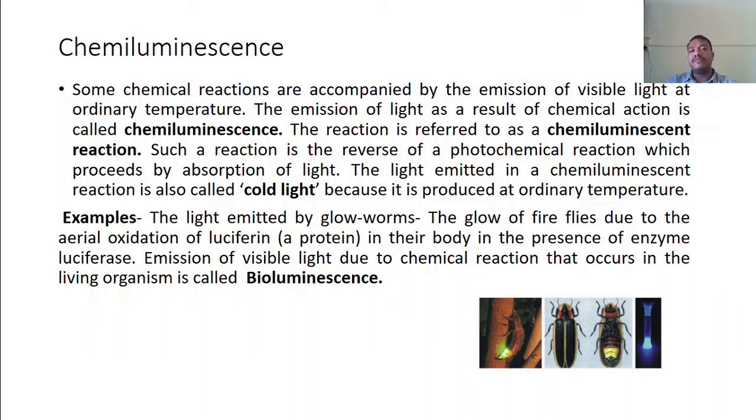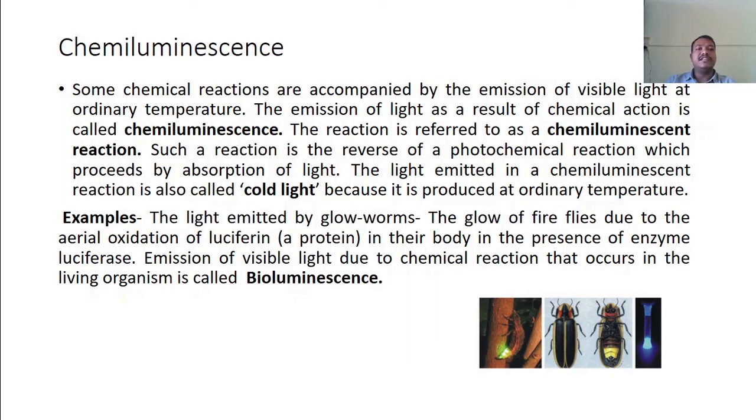Such a reaction is the reverse of a photochemical reaction: in chemiluminescence there is emission of light as a result of chemical action, whereas in a photochemical reaction there is absorption of light and the reaction proceeds.